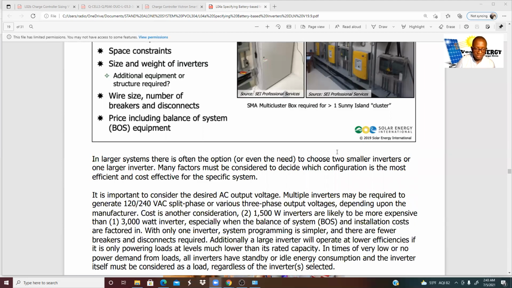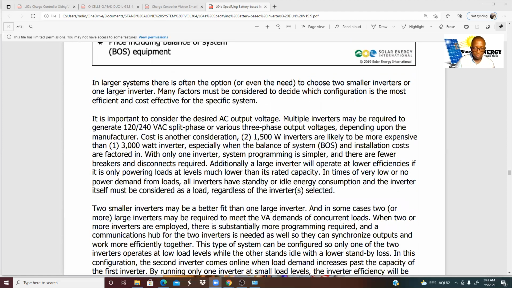In large systems, there is often the option or even the need to choose two smaller inverters or one large inverter. Many factors must be considered to decide which configuration is the most efficient and cost effective for the specific system. It is important to consider the desired AC output voltage.